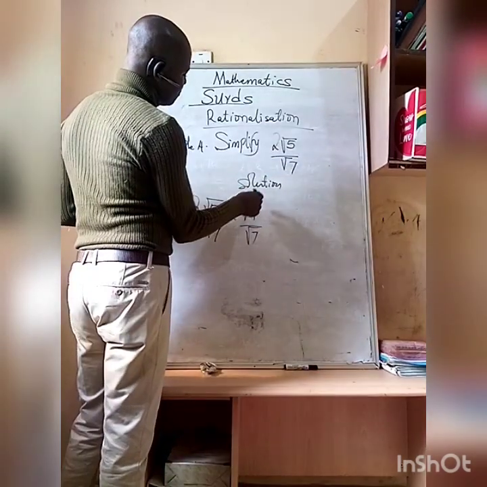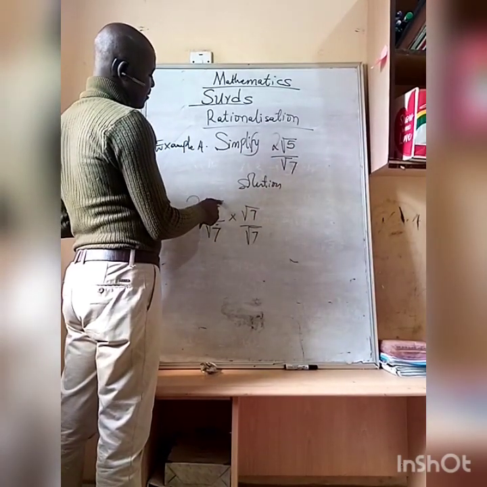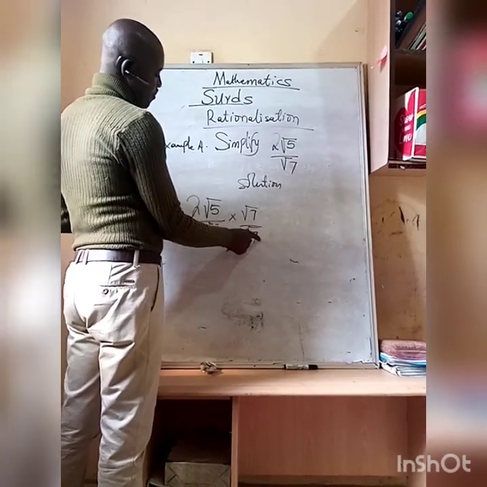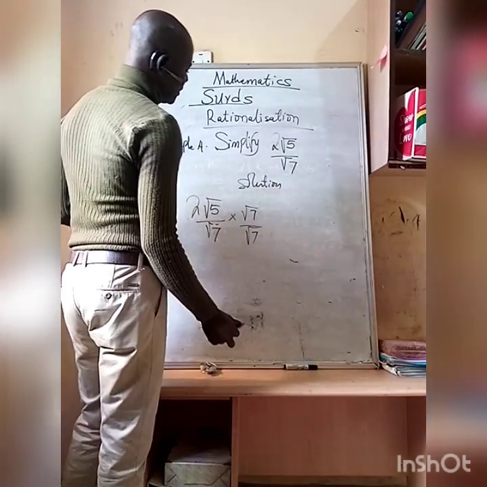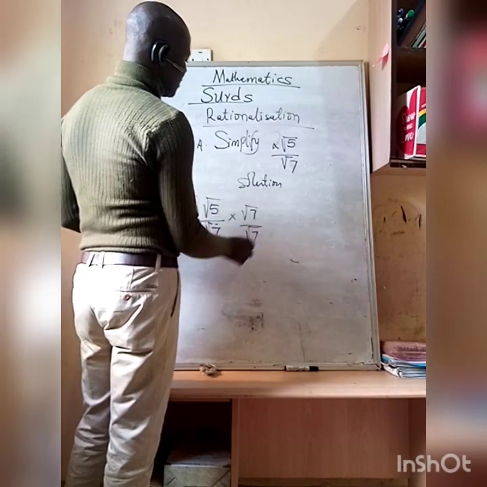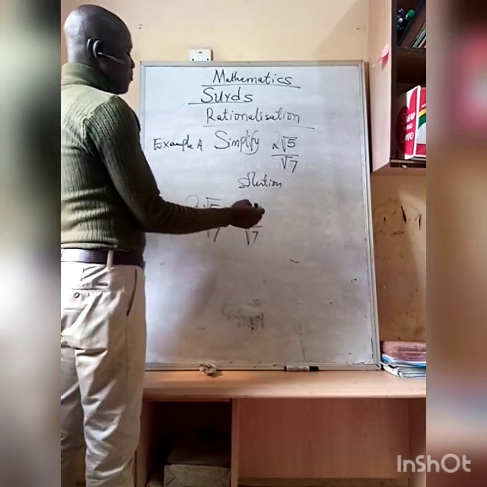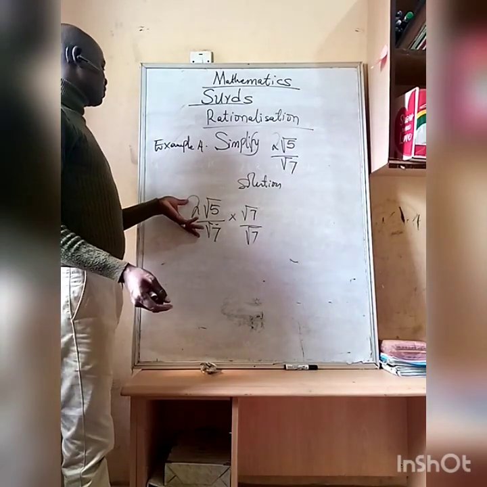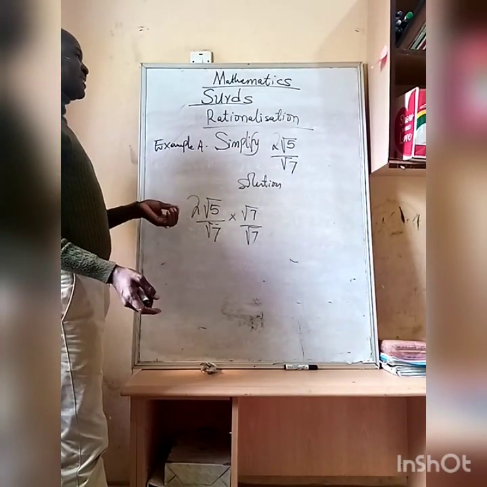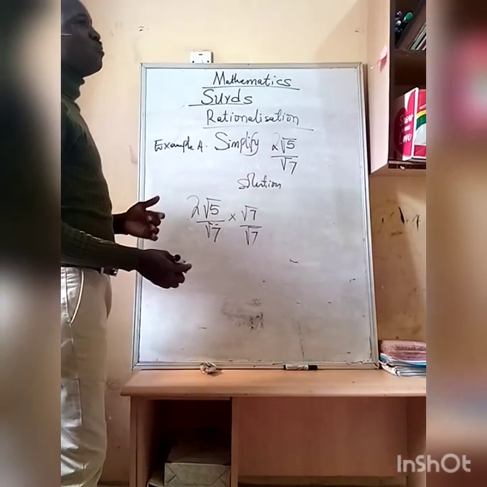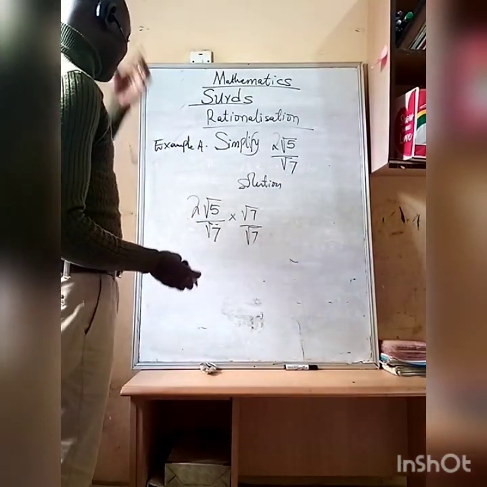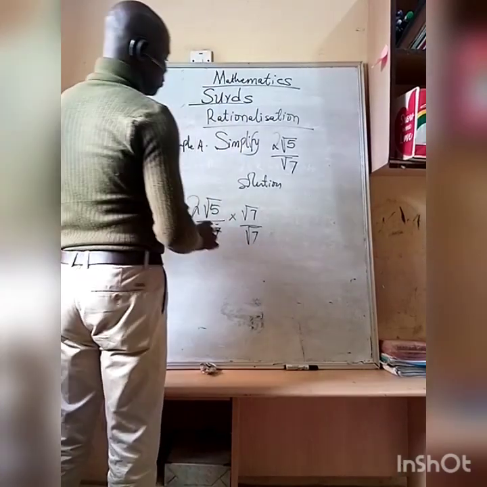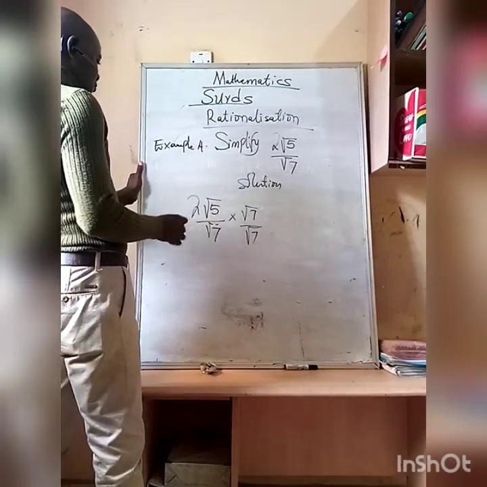So we multiply both the numerator, which is 2√5, by √7, and the denominator also by √7. And if you check it, you find out that √7/√7 is as good as 1. So even if you multiply by this, it's as good as having the same stuff. So the value will still remain the same, but the presentation will be slightly different, and it will turn out to be an acceptable version of it.